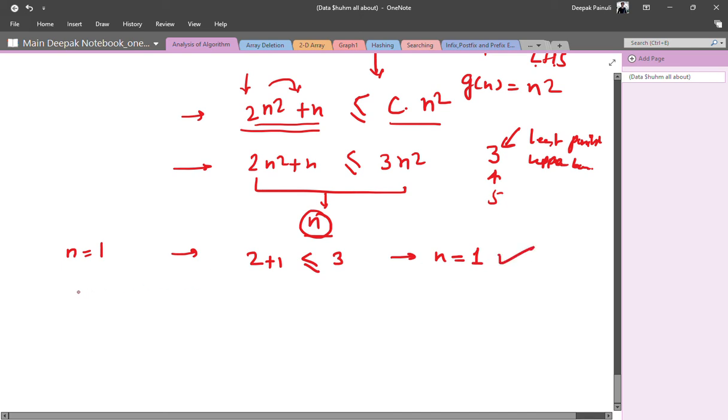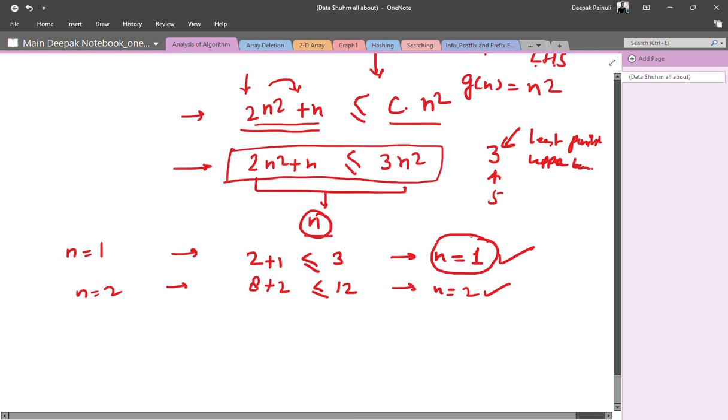Now for n equals 2, 8 plus 2 should be less than or equal to 12. Yes, it is holding true. So for n equals 2 it's also holding true. That means for even a single input we are satisfying this equation, right?